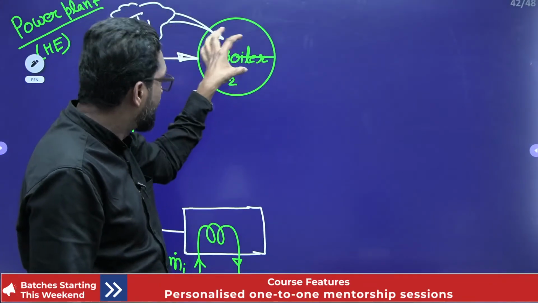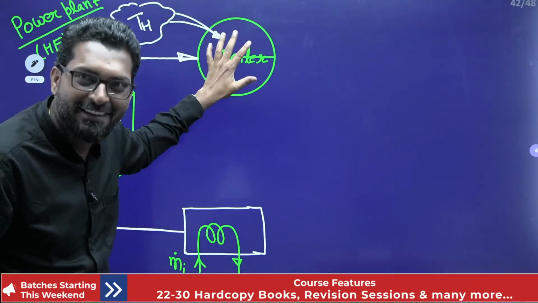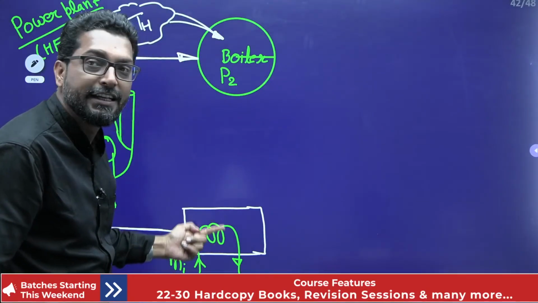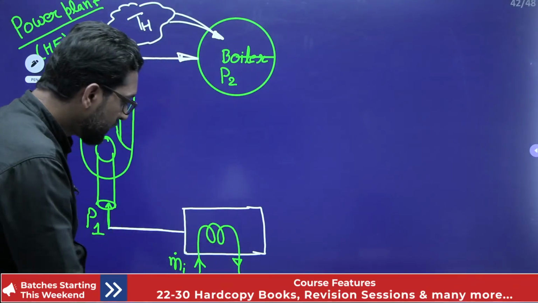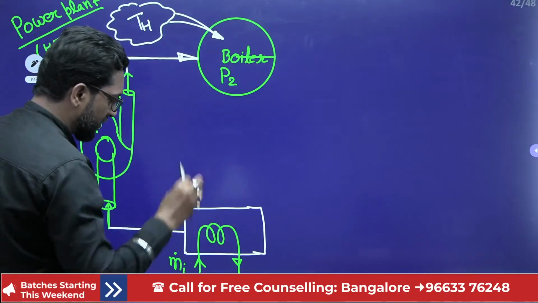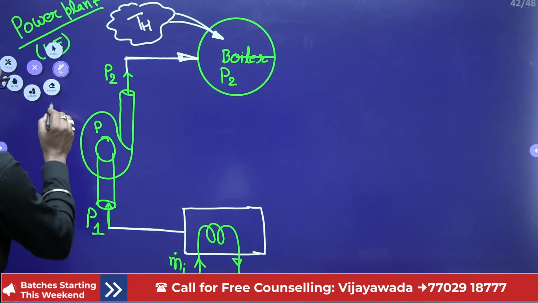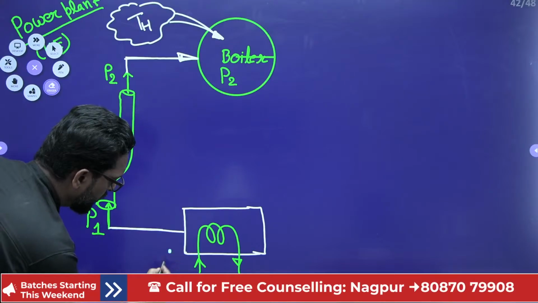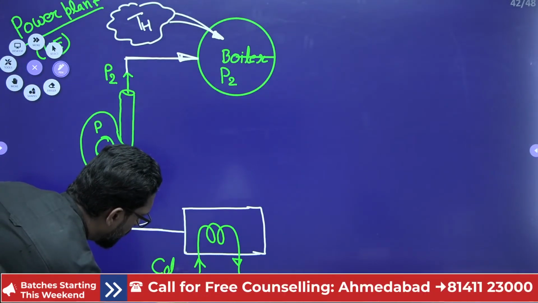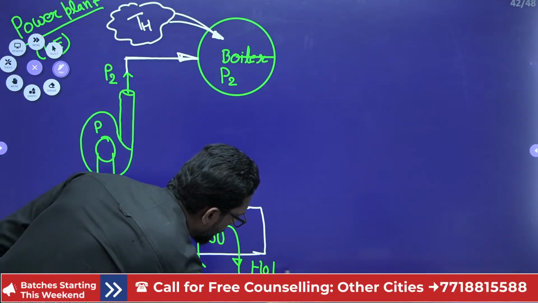That means the heat transfer takes place internally. There is also mass flowing inside the boiler. These are all open systems. So there is a cold fluid in, and there is a hot fluid out.